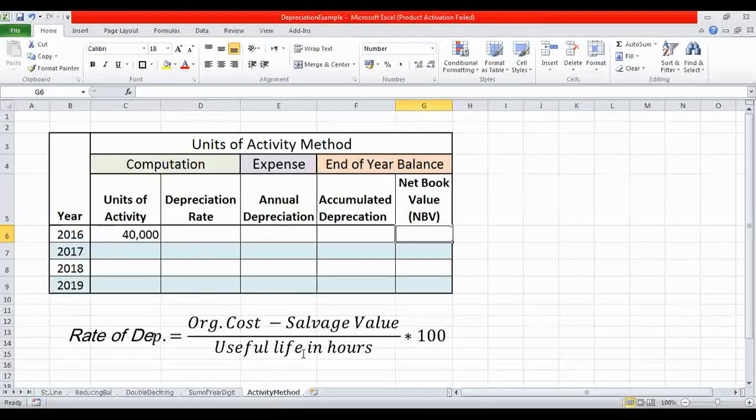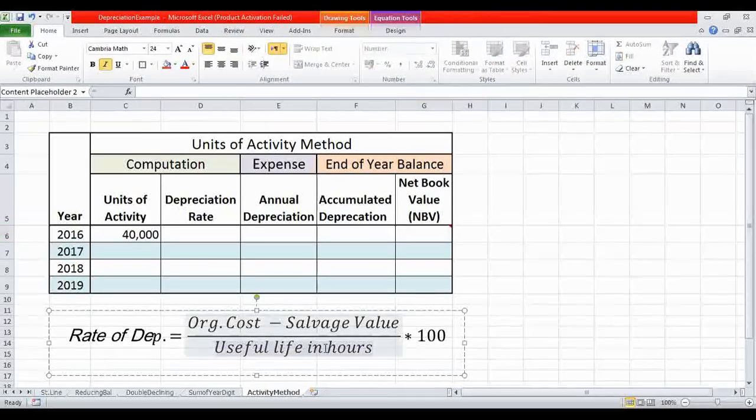In the unit of activity method, by the way, this is exactly the same formula which we used in the straight line method. But over here, we are not using the useful life in years, we are using the useful life in hours.